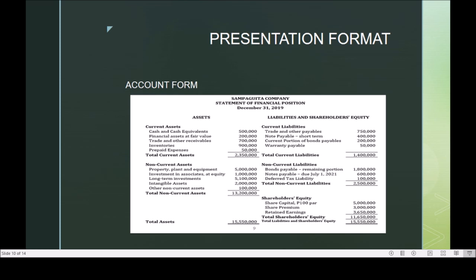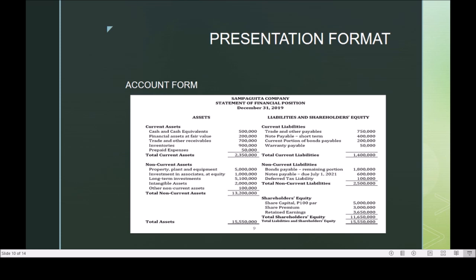Okay? Kung tatanungin nyo po, what form is usually used in the preparation of financial statements in the real world, based sa experience ko at nakikita ko prepared by auditing firms in Manila, mas madalas po nilang gamitin yung report form.